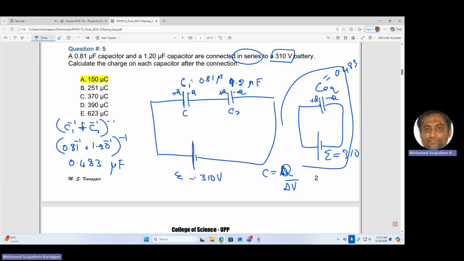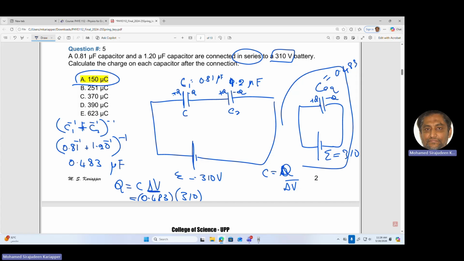That means the charge will be, all you have to do is substitute the value. We know the equivalent capacitance, multiply by delta V, which is 310. So that should give this answer.